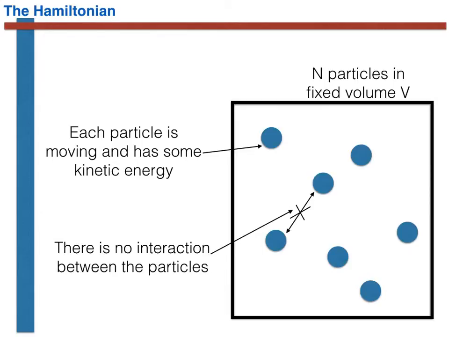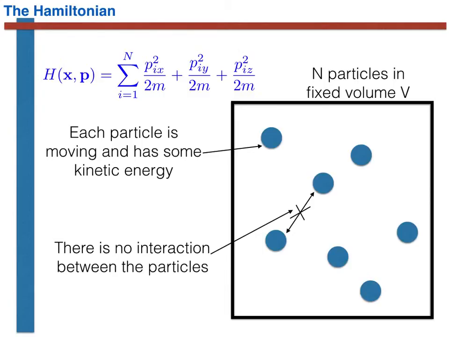The Hamiltonian for this system is thus given by the expression shown here, which is admittedly a bit more complicated than p squared over 2m, but that complexity just reflects that each atom will have a momentum in the x, y, and z directions, and we have to do p squared over 2m for each of these three components of the momentum. Easy enough, I hope.